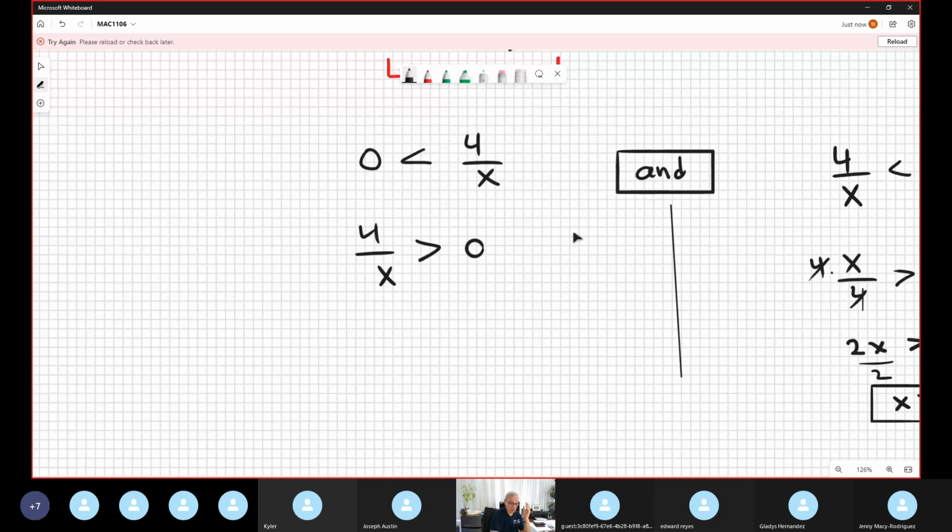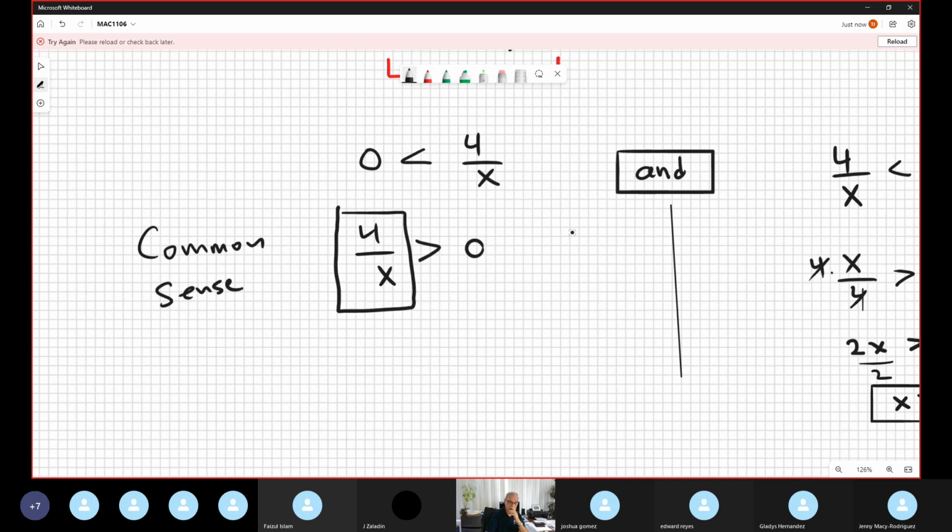Yes. But again, the same thing I don't understand very well is when the x is in the bottom, what should I do? Find the critical value? No, you apply common sense. Common sense is important, right? Common sense works when you apply it right, of course. But this expression, I close it in the box. It's positive. How do you know?